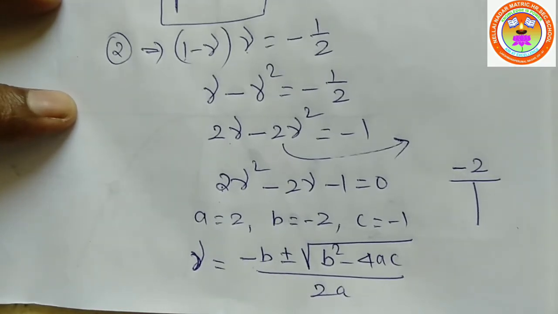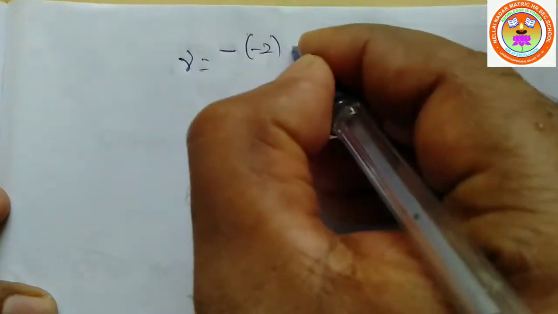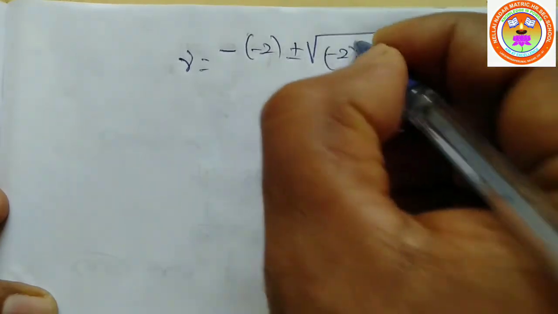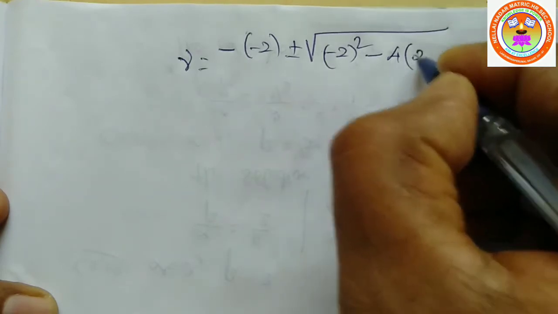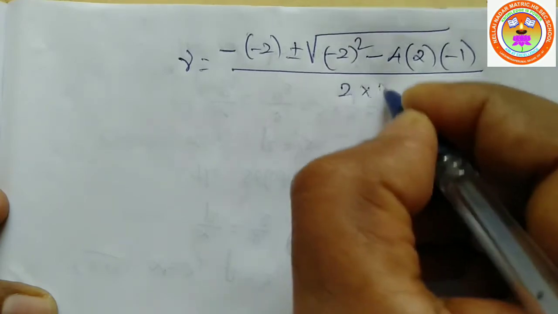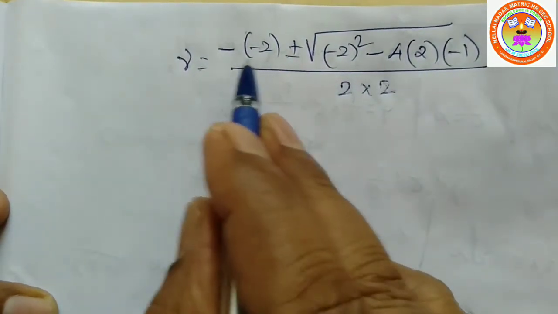If we apply the value of a, b and c, we will get, gamma is equal to minus b, b is minus 2, plus or minus square root of b square, minus 2 the whole square, minus 4 into a is 2, into c, c is minus 1, divided by 2 into a.